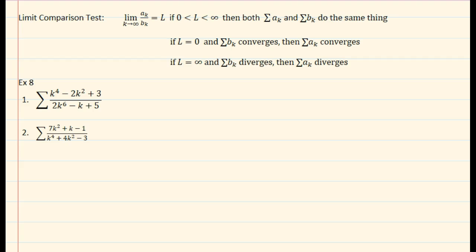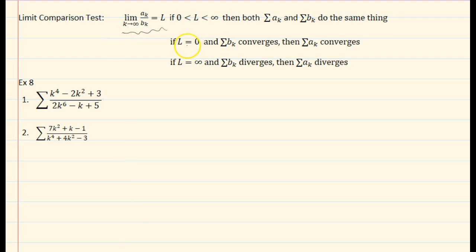So before we start applying the limit comparison test, let's talk a little bit about what kind of results we're getting and when to use what. What we're going to find is that we're going to get two different series terms, and we're going to make a ratio of them and then take the limit. When we take a limit, we're going to see if we get a number.